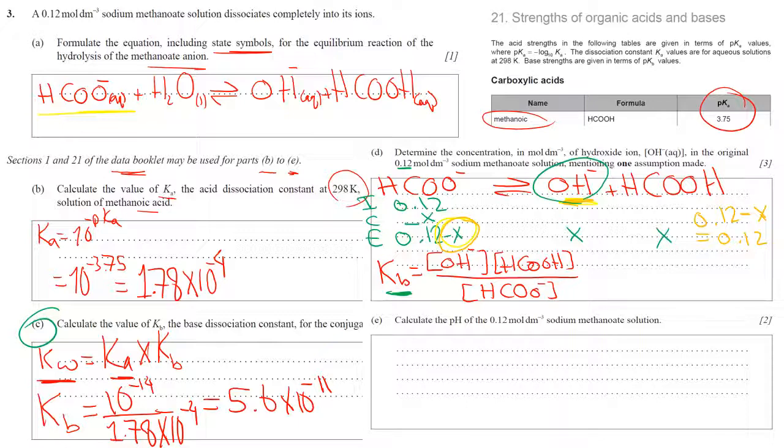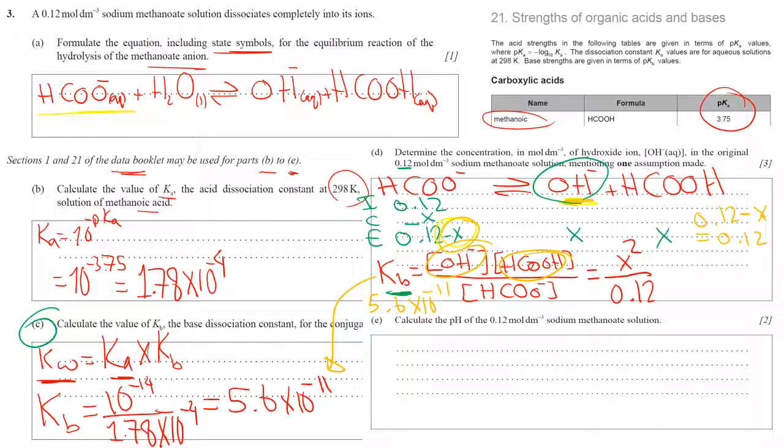So Kb will equal x squared, because this one is x and this one is x as well. HCOO negative at equilibrium is 0.12, and of course we have Kb, which is 5.6 multiplied by 10 to the power negative 11 from here.